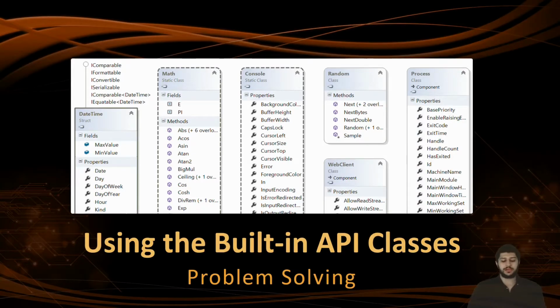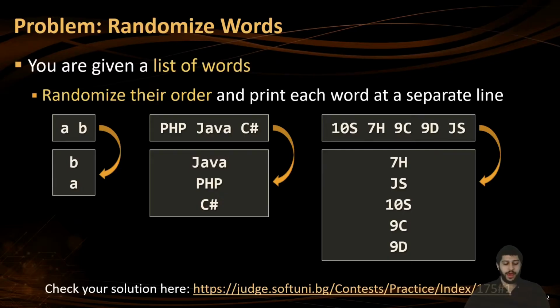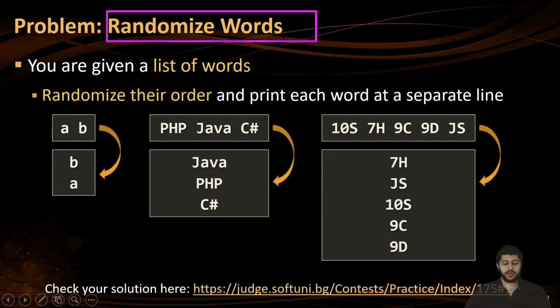After we discussed the built-in API classes inside C# that were provided to us conveniently by the developers, now we need to solve some problems using them. And the first problem that we have is called randomized words. This is actually a legit problem that we have in computer science.